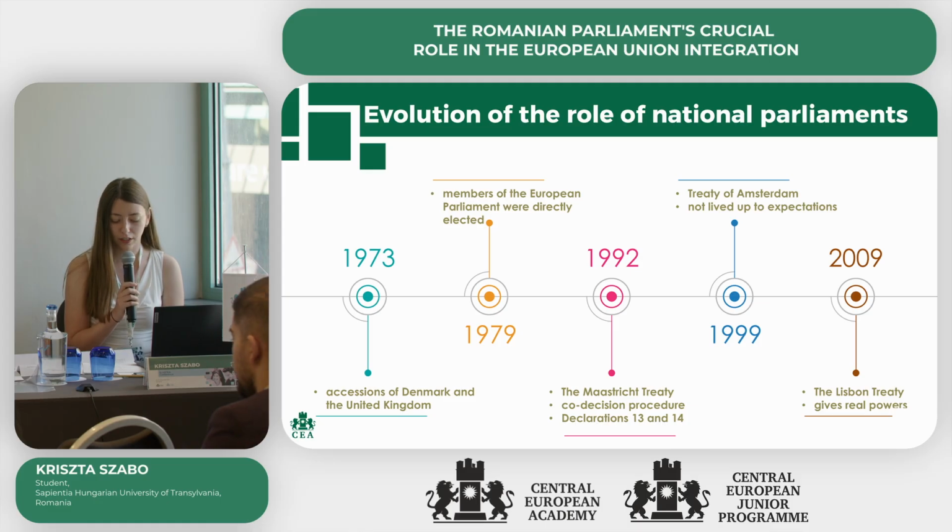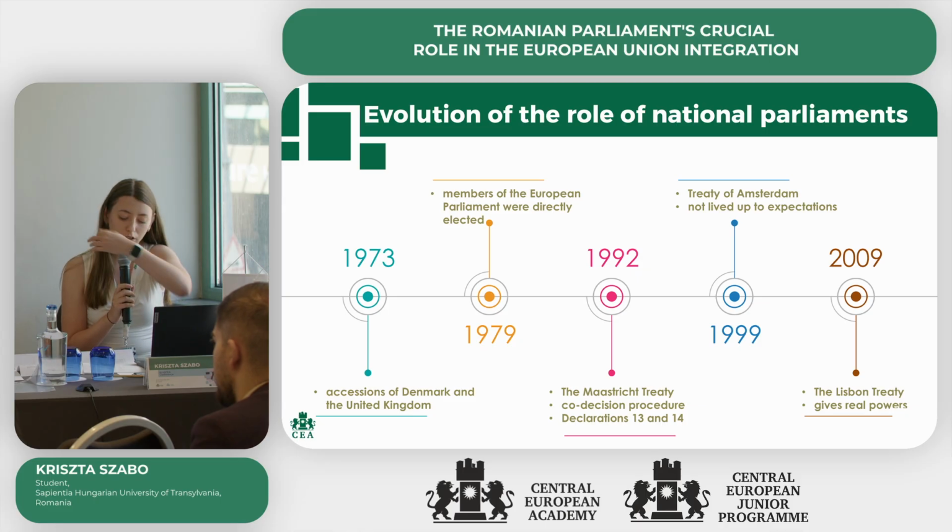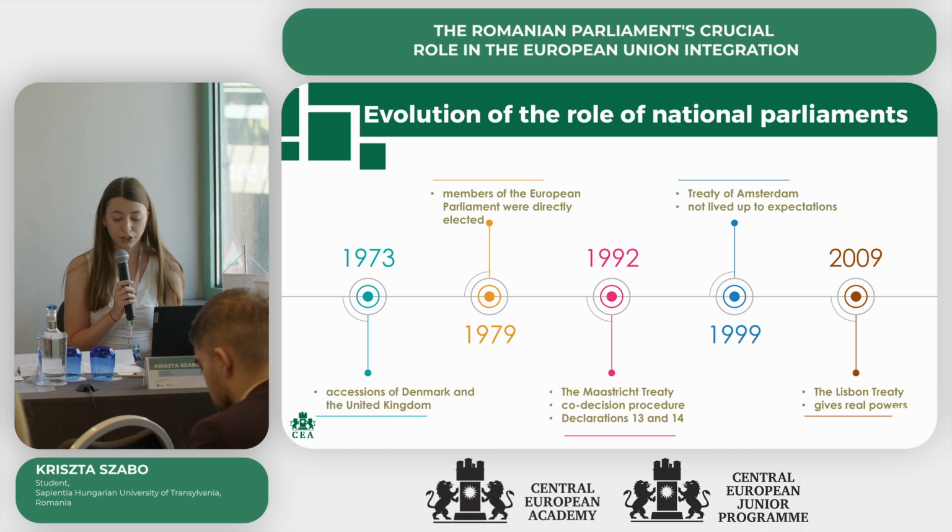Another point was the Maastricht Treaty, which increased majority voting in the Council and introduced the co-decision procedure. This gave the European Parliament equal power with the Council in certain areas. The treaty also had two important declarations, Declaration 13 and 14.